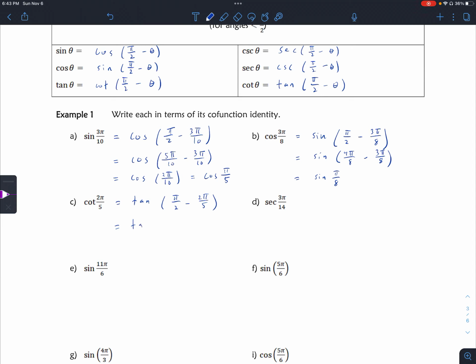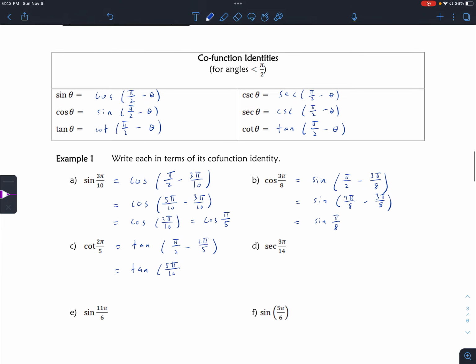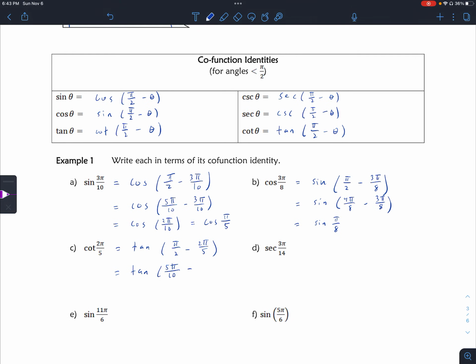So that's going to be tangent of 5 pi over 10 minus 4 pi over 10, which is going to be tangent of pi over 10.